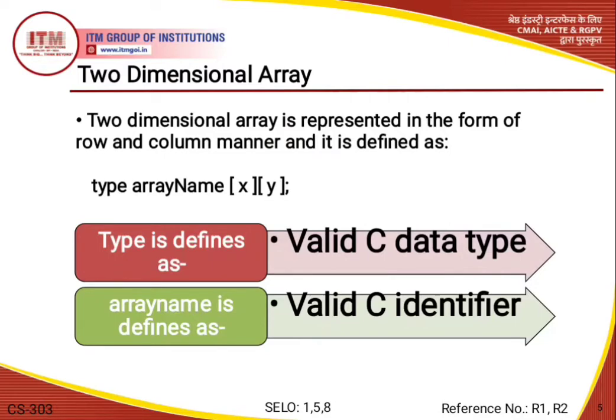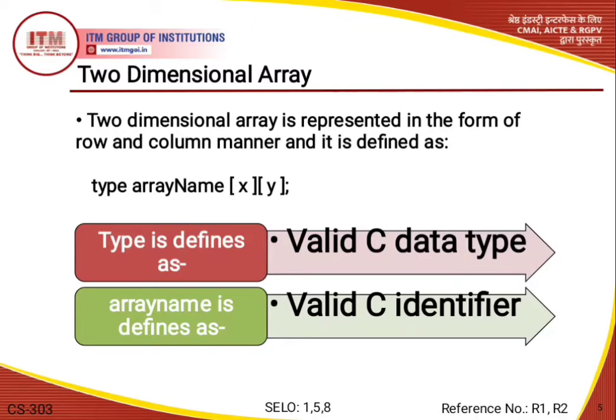So we can say that type is defined as a valid C data type and array name is defined as a valid C identifier. The two-dimensional array in C programming is also known as a matrix, and a matrix can be represented as a table of rows and columns.